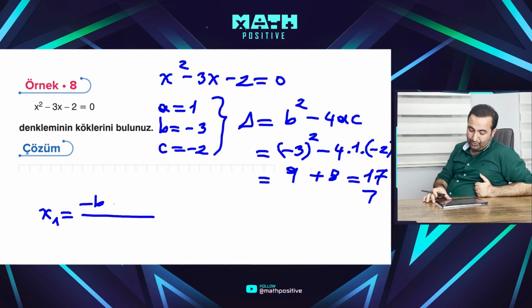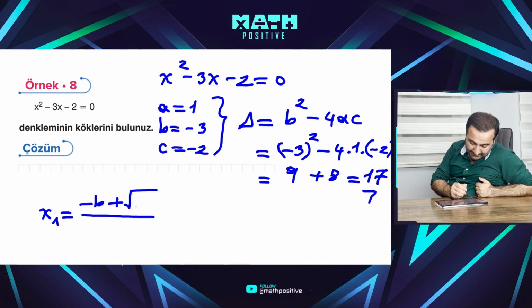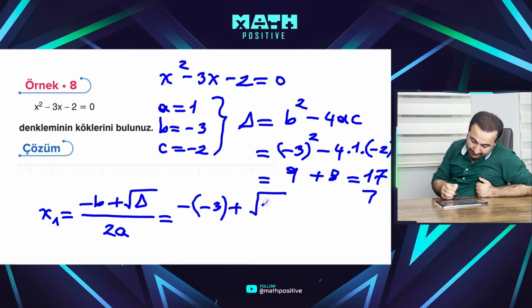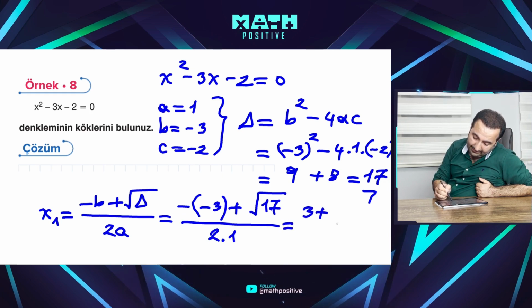So our roots x1 and x2 will be minus b plus square root of discriminant over 2a, where minus b equals minus 3, plus square root of 17 over 2 times 1.